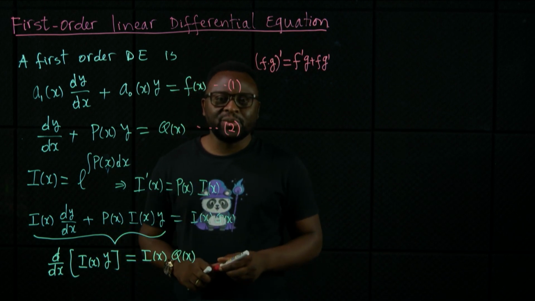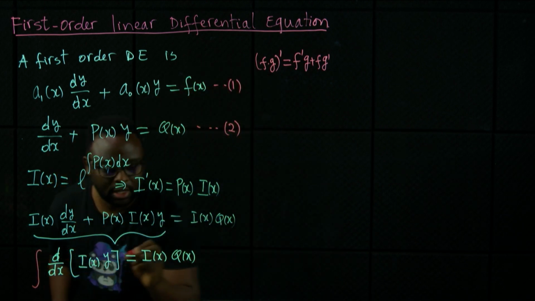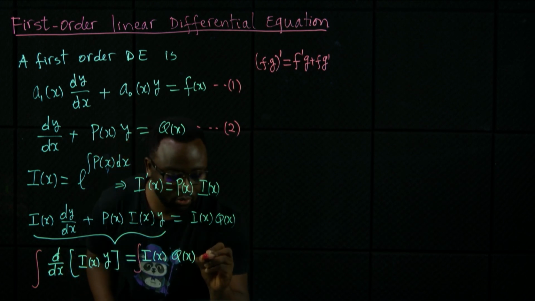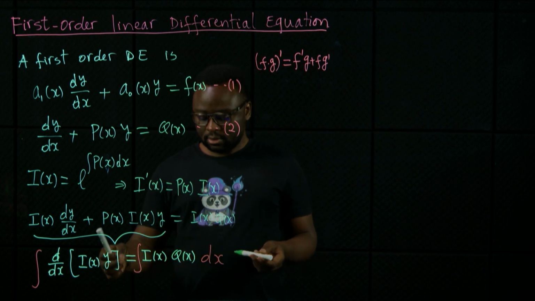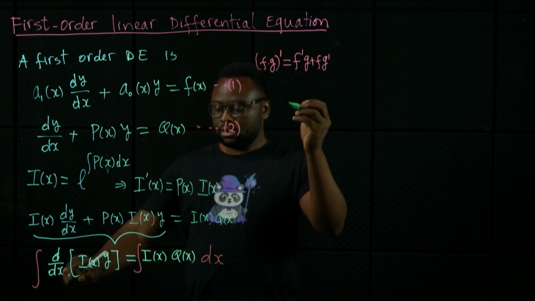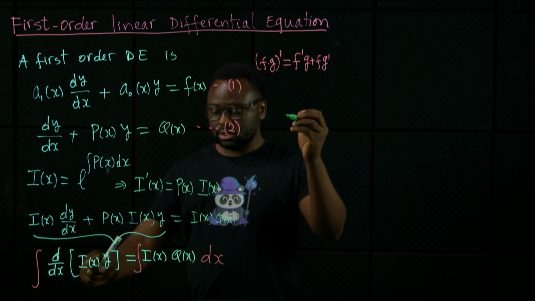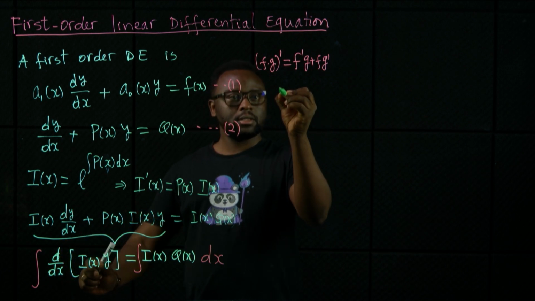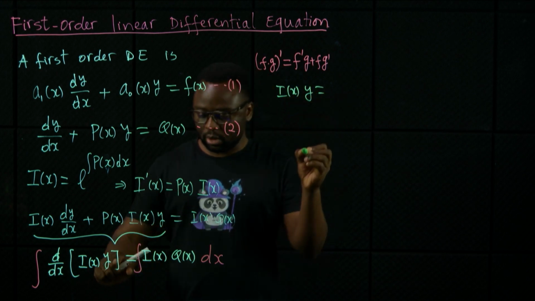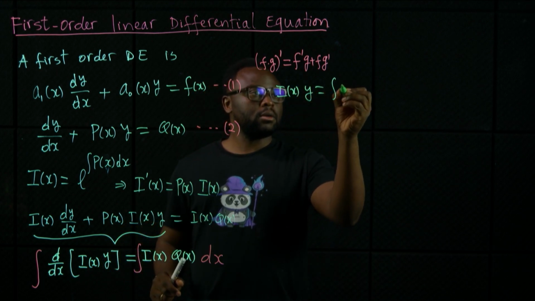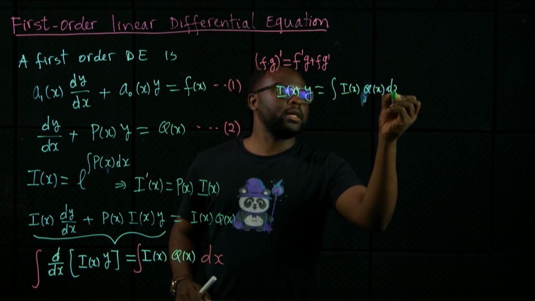At this stage, we just have to integrate both sides. Integrating both sides, we add dx here. This leads us to the following. The integral and the derivative give just the same function, so I of x times y is equal to the integral of I of x q of x dx.